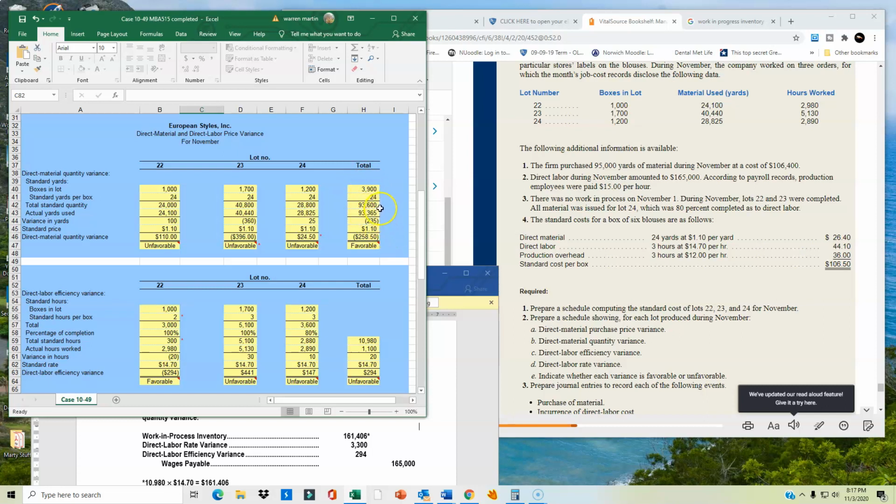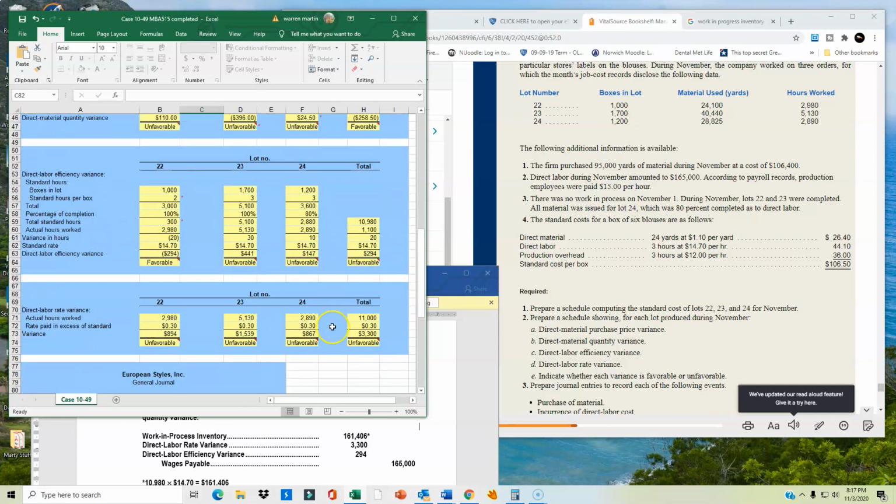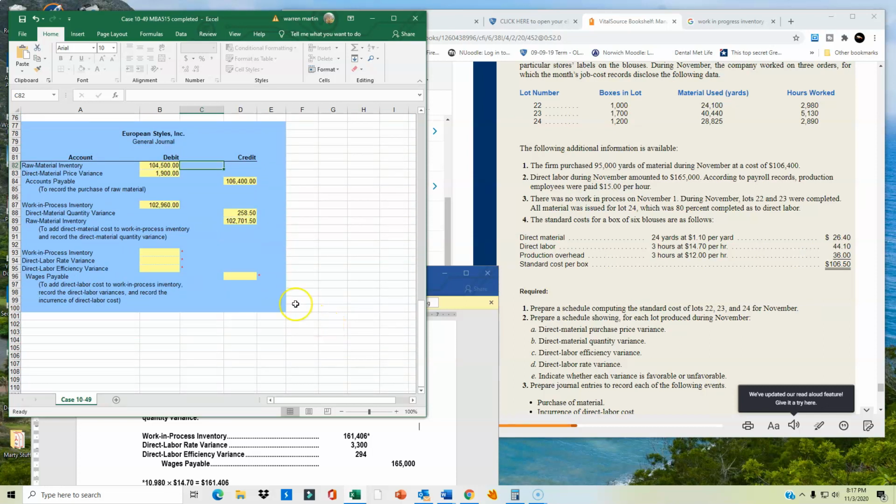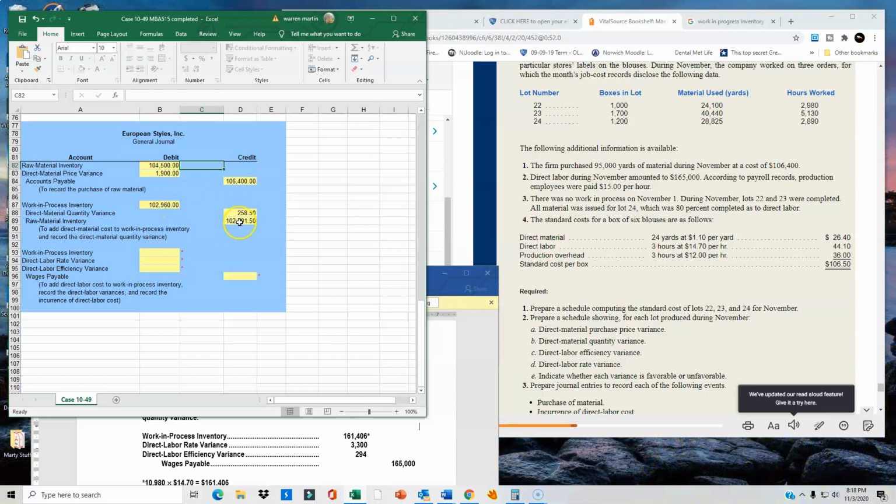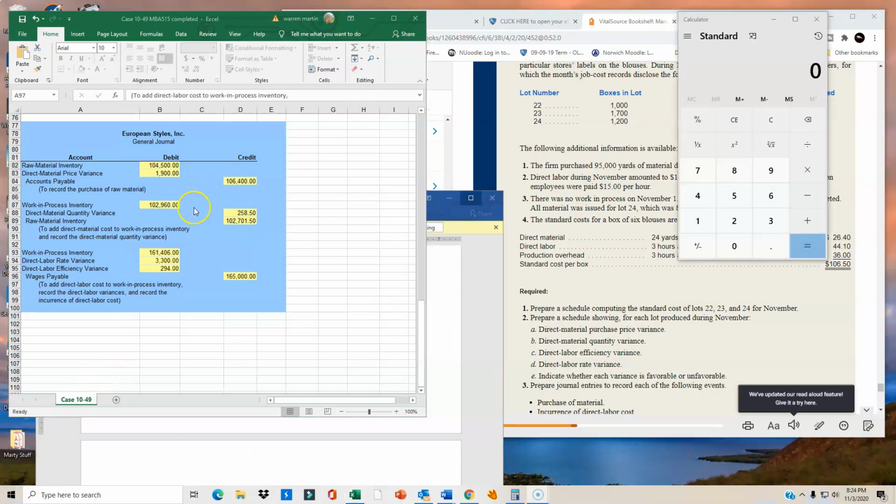Total quantity 93.6, and then down here on the variance, the negative 258. So that's where we get those numbers to plug in here. And then we just subtract and we come up with that 102 there.